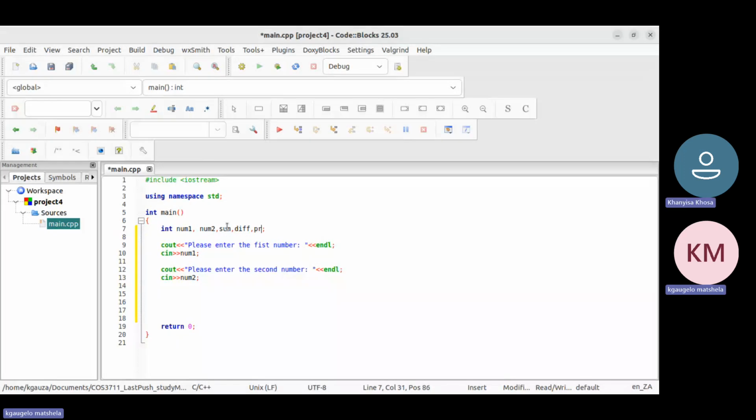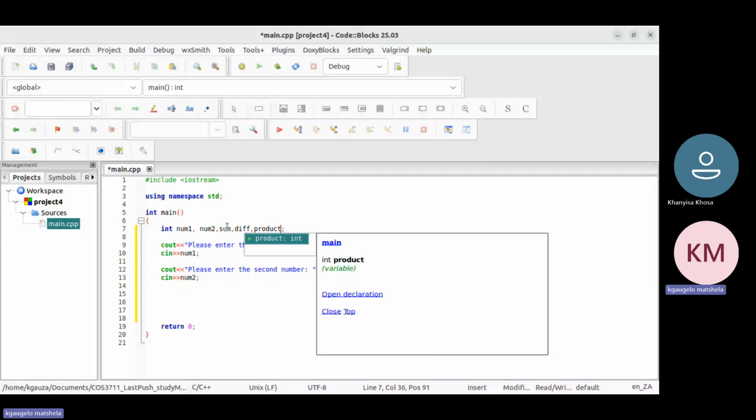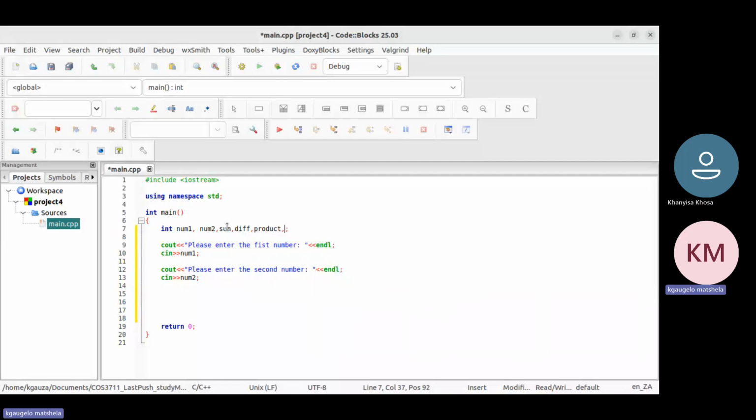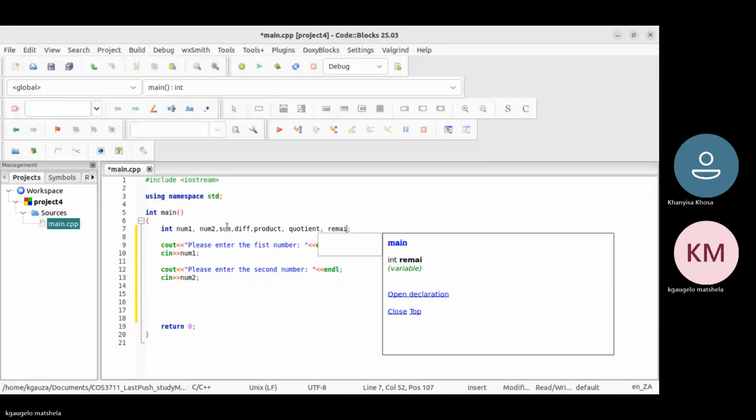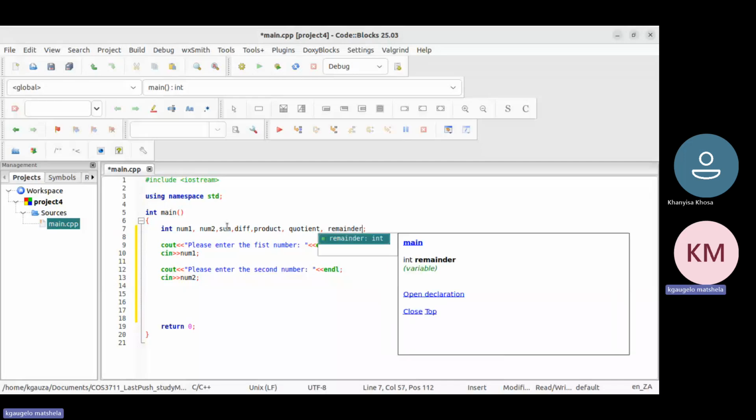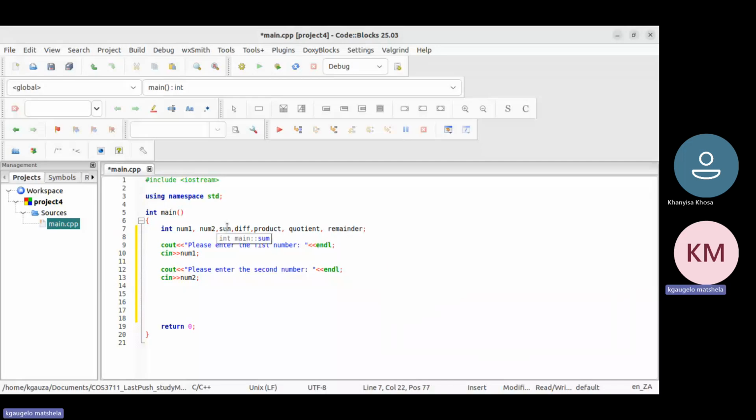The product will be the variable for the multiplication. The quotient will be the one for the division. And the remainder will be the one for the modulus sign.